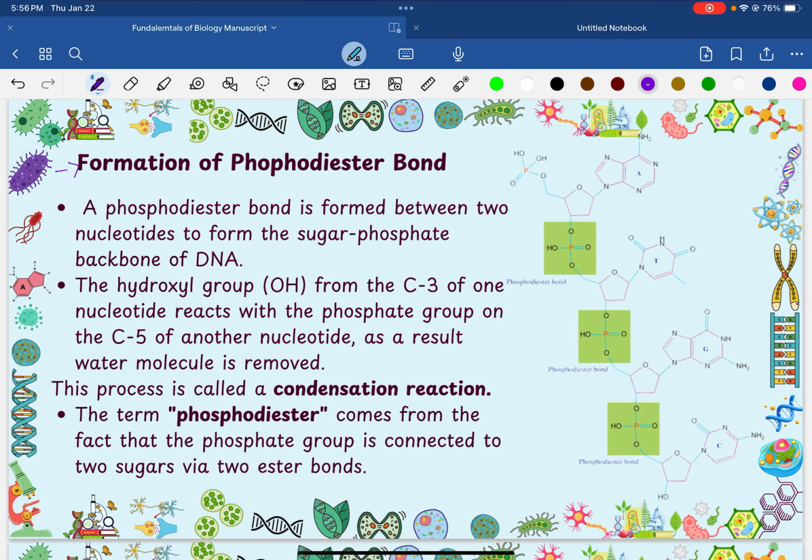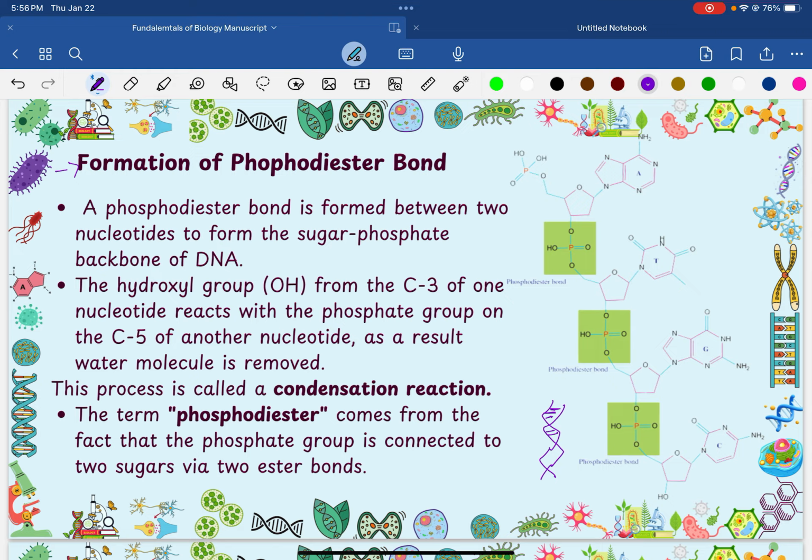Formation of the phosphodiester bond. As I told you, DNA is a ladder-like structure, so it means the strands bond with one another.